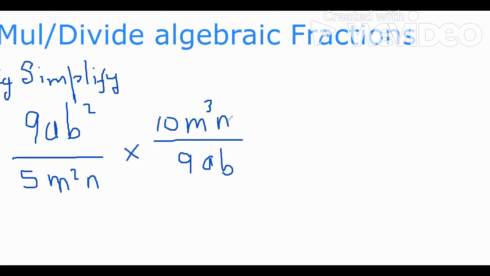So let's cancel out the number first. When we're multiplying fractions, how do we multiply fractions? By canceling, not true? So the 9 and 9 cancel off. The 5 cancels out the 2. Everybody see that?